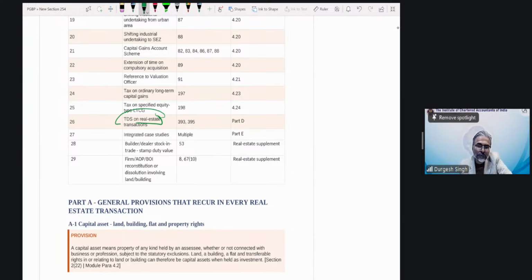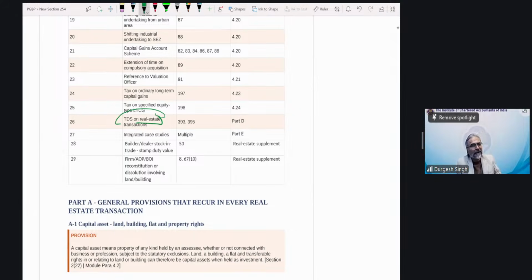So this real estate transaction should be seen from both the sides. Right now we are doing from the transferor's point of view, but don't take your eyes off from the buyer point of view also. Buyer will have an implication for the TDS, because he will have the obligation to deduct TDS if the threshold is crossed. Buyer also will have something to see under the head IFOS.